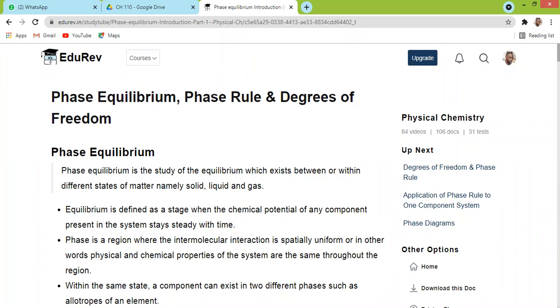Anyway, let us look at what phase equilibrium is all about. So phase equilibrium is a study of the equilibrium which exists between or within different states of matter, namely solid, liquid, and gases. So the equilibrium that is going to exist when a molecule is changing in between these three states. I'll give you an example of a fridge.